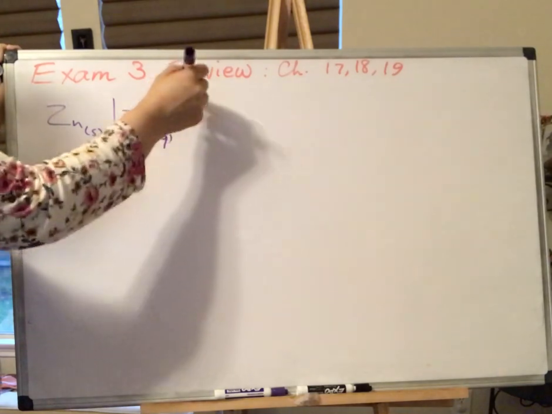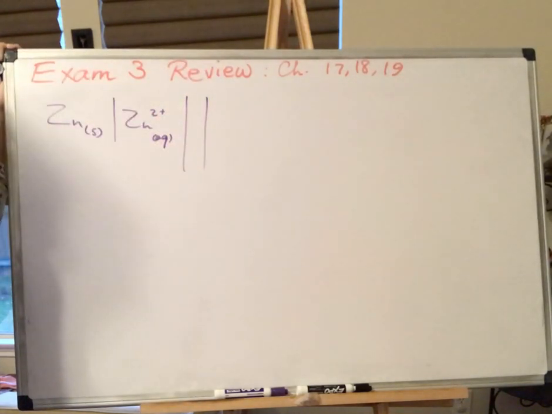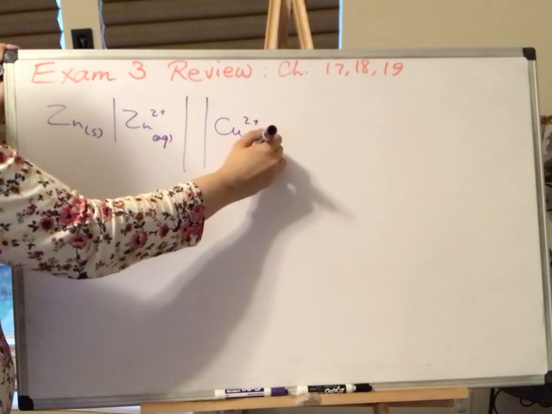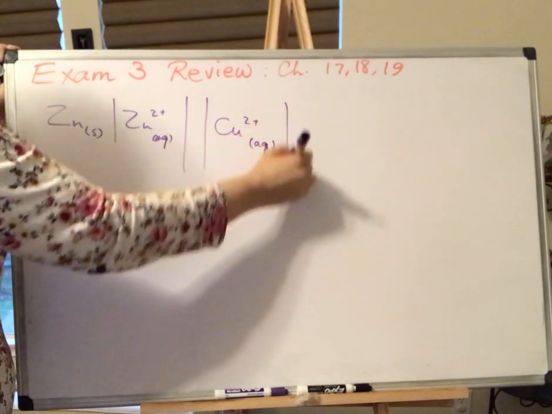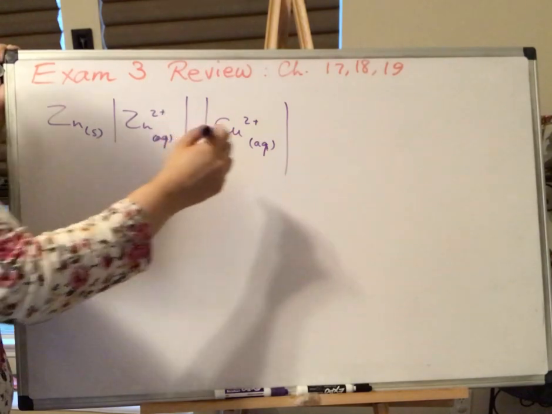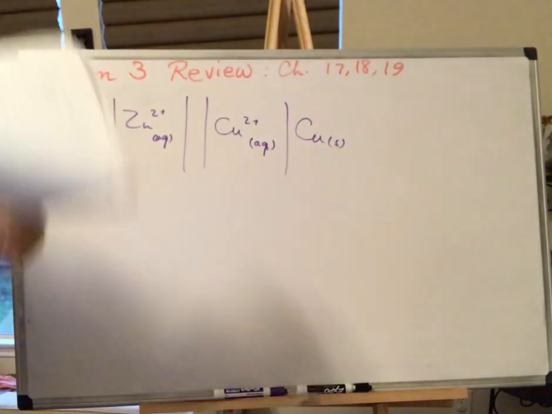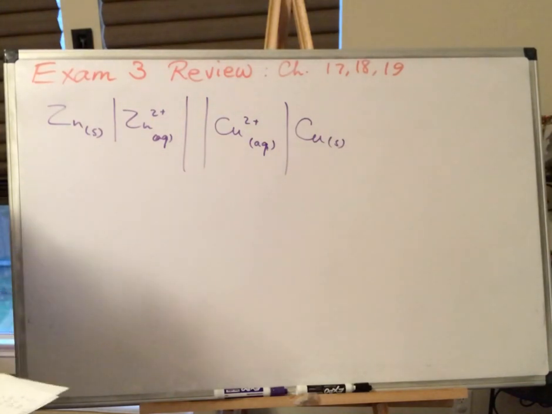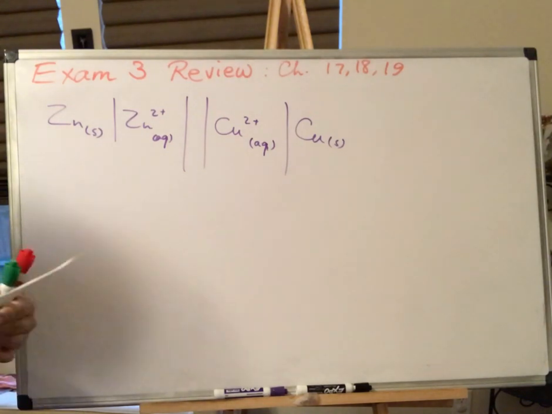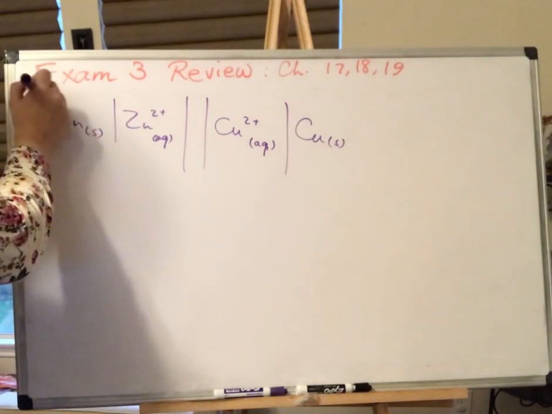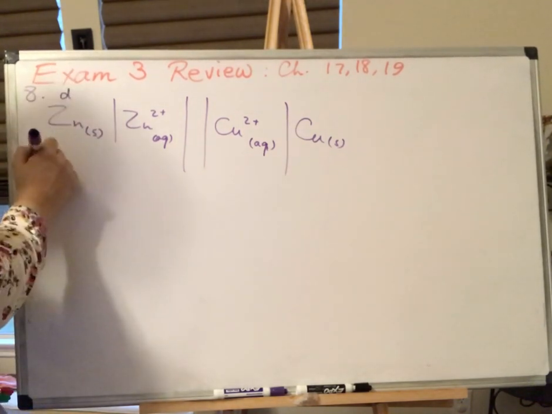Then we see a salt bridge. We see copper 2 ions floating in the solution. And we see a copper electrode. So which one is showing that? It's D. So the answer for question 8 is D.